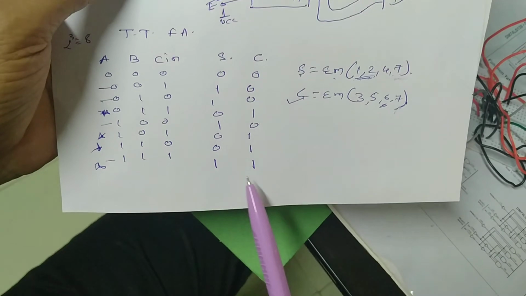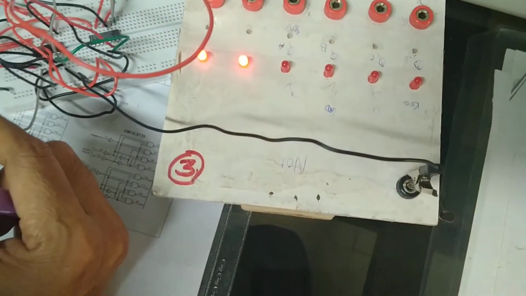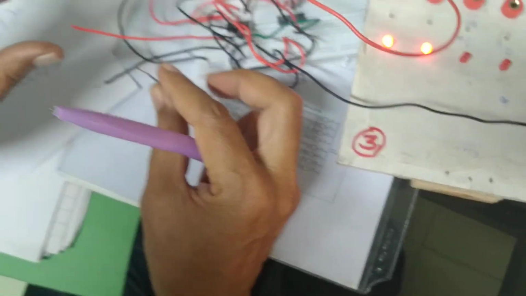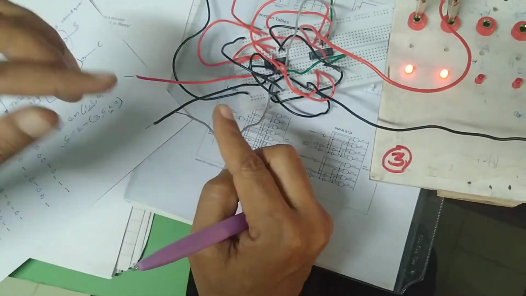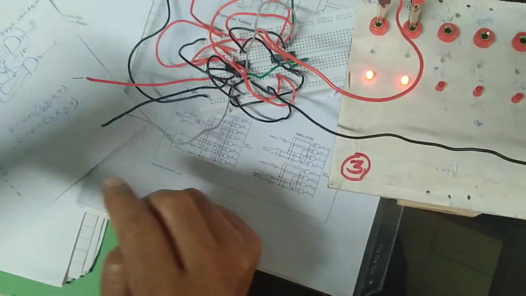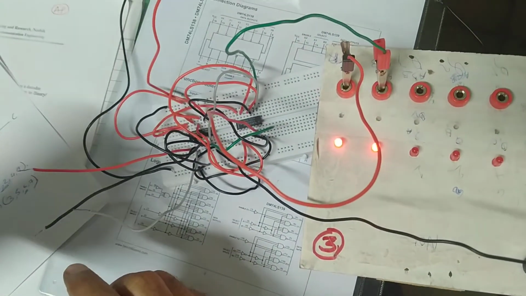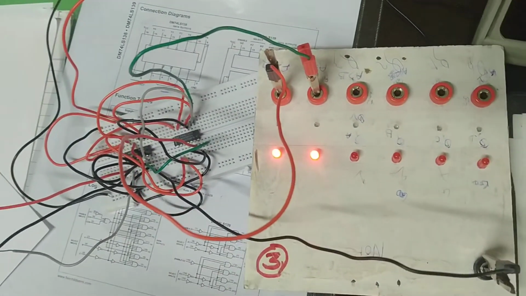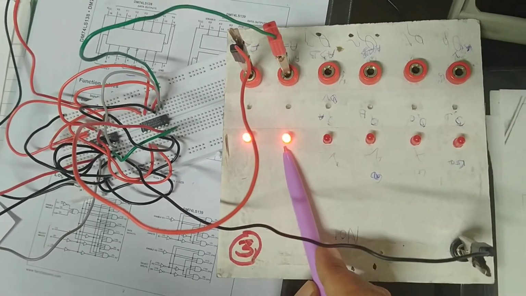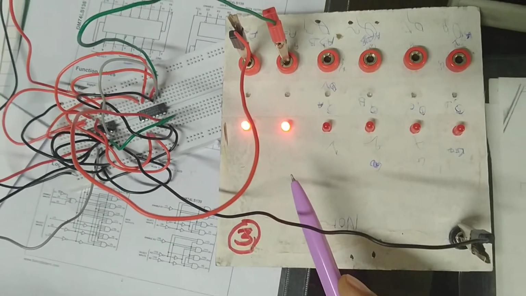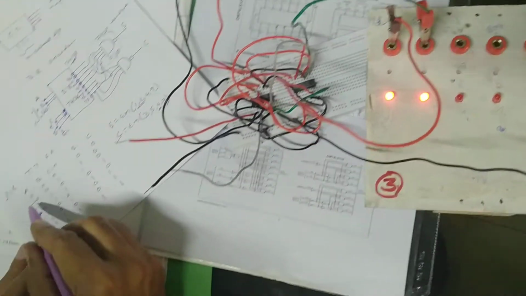Both sum and carry are 1, 1. You can see over here, the inputs are open, meaning floating, meaning they are logic 1. If you apply them to VCC, that is better. You apply them to VCC, and still you are getting sum 1, carry 1. So from this we will check this condition.